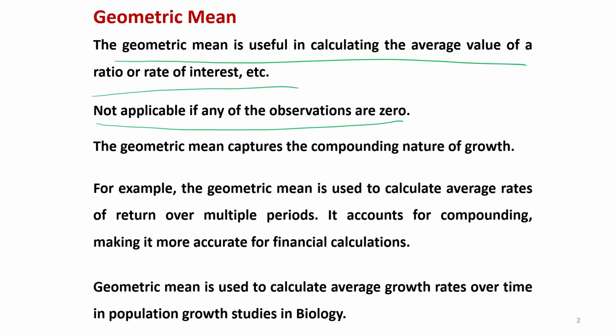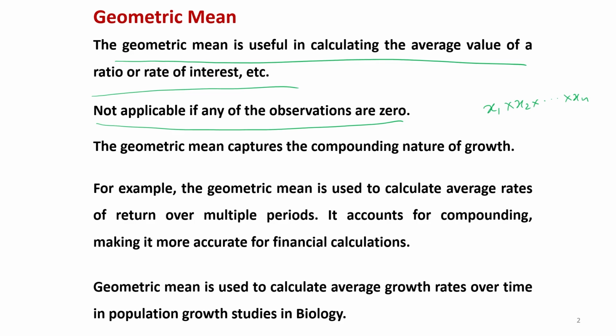The reason is that here we find the multiplication of all the observations, so if any observation is 0, the entire product will become 0. That will not happen with the arithmetic mean or the median, or any other value.